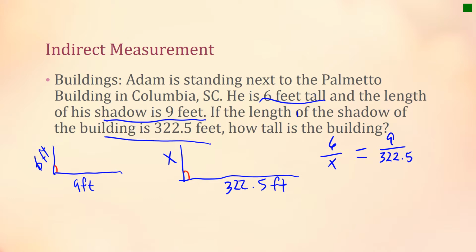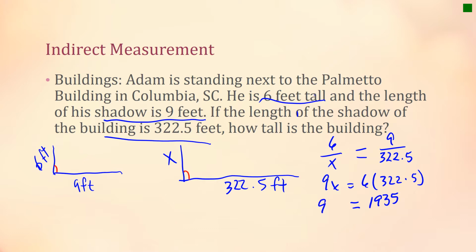322.5 feet. Well, let's use our cross product, and I've got 9x equals 6 times 322.5. Definitely need a calculator for that one. 6 times 322.5 equals 1,935.